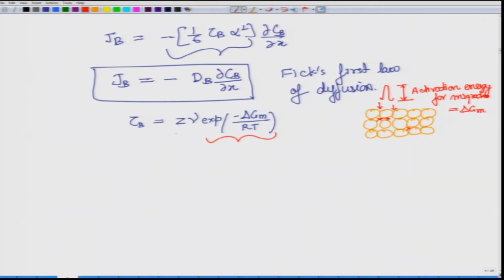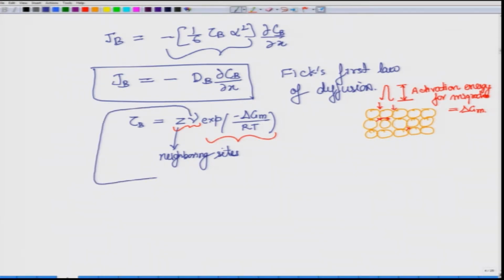Now, fraction of what? This is where the first term comes into the picture. This is Z, the coordination number, the number of neighboring sites where this atom can move. What is nu?